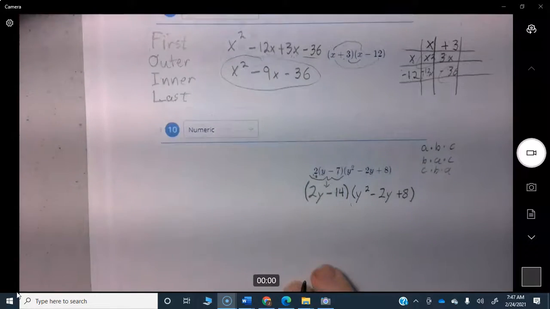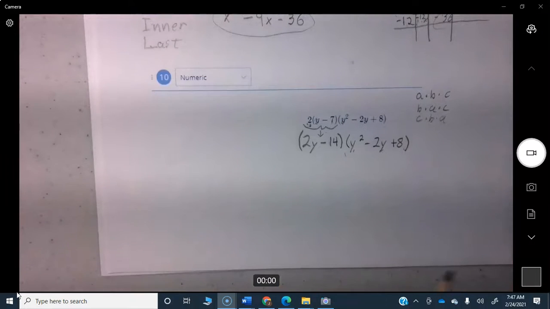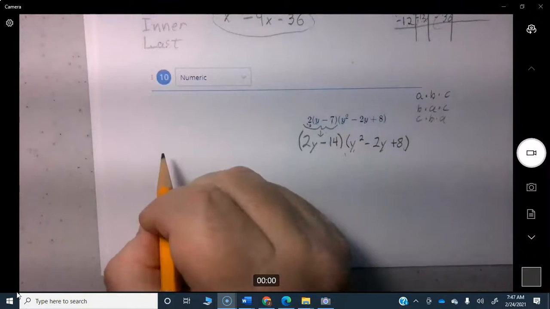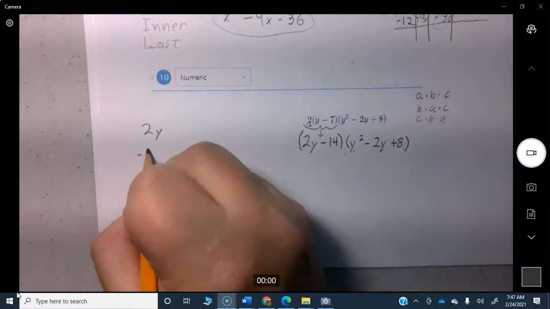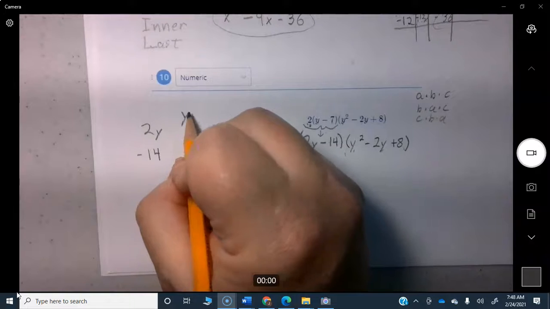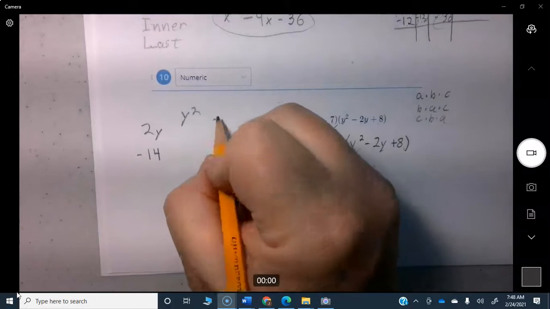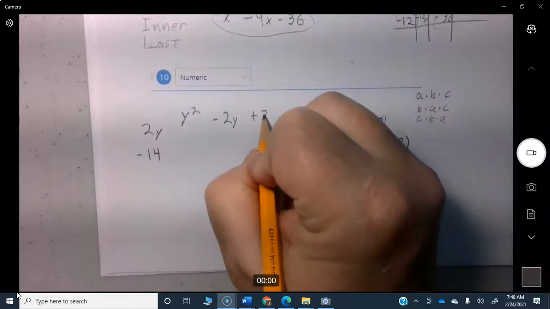Now I'm ready to set up a grid. I would do a grid anytime you have 3 terms, okay? So I put over here the 2y and the negative 14. And up here I'll put y squared minus 2y plus 8.